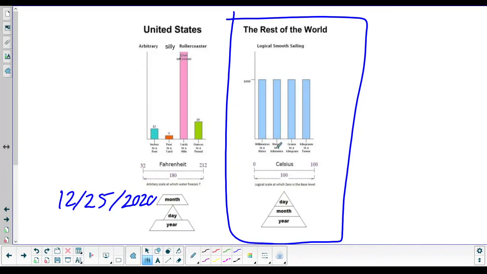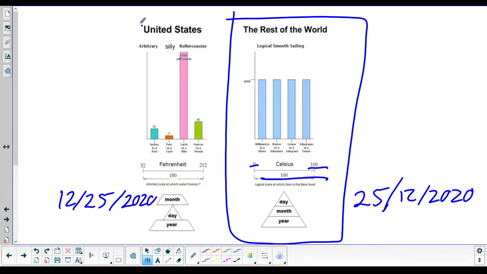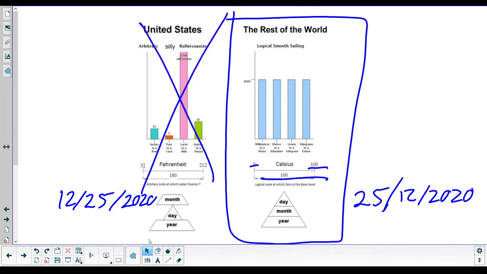There's 1,000 meters in a kilometer. There's 1,000 grams in a kilogram. There's 1,000 kilograms in a ton. In Celsius, water freezes at 0 and boils at 100 and is 100 apart. Everyone else in the world writes dates day, month, year. It's so much better. The United States is silly, you guys. Anyway, I'll get off my soapbox.